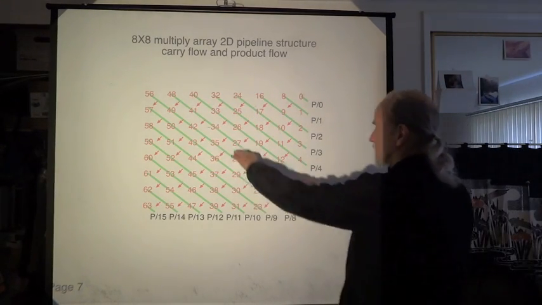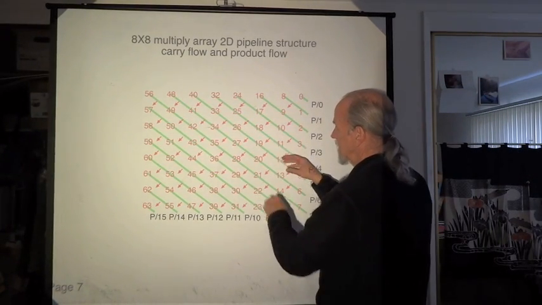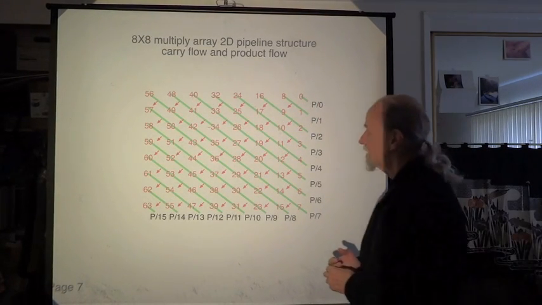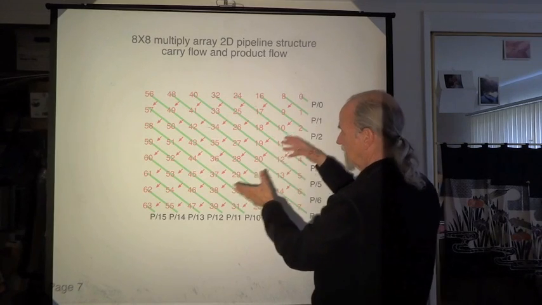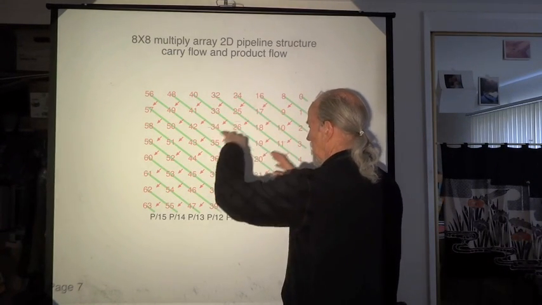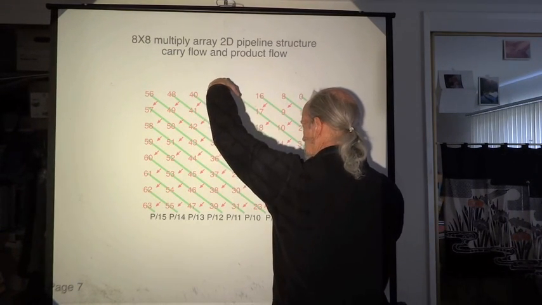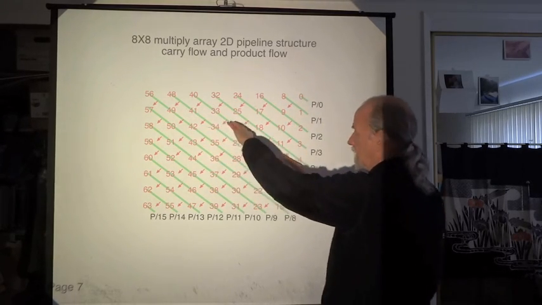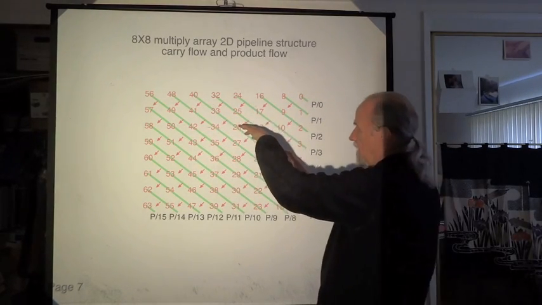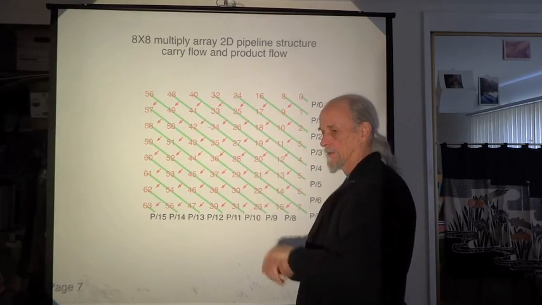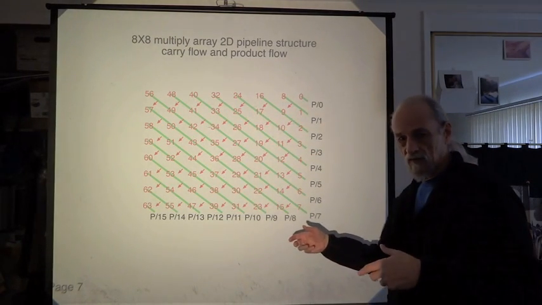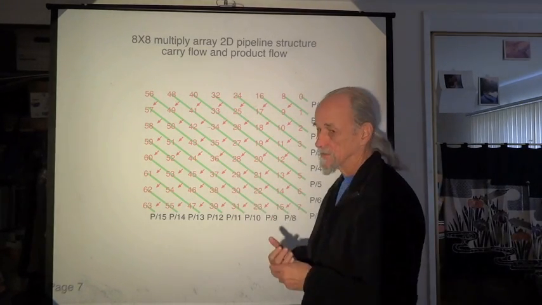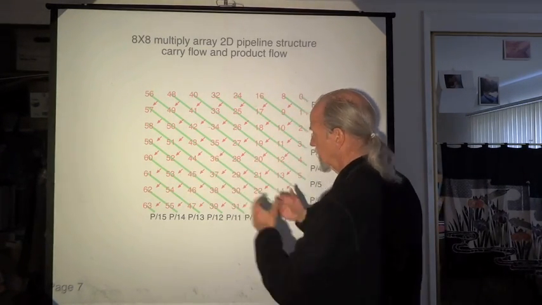So these partial products and these carries go into the first level of this adder at the same time. So everything flows just in time as the inputs are flowing through and intersecting, creating partial products that are flowing up through the adders, with the carries flowing from adder to adder. Everything flows just in time, and there's nothing in here that slows the flow down. Nothing is waiting in this array.